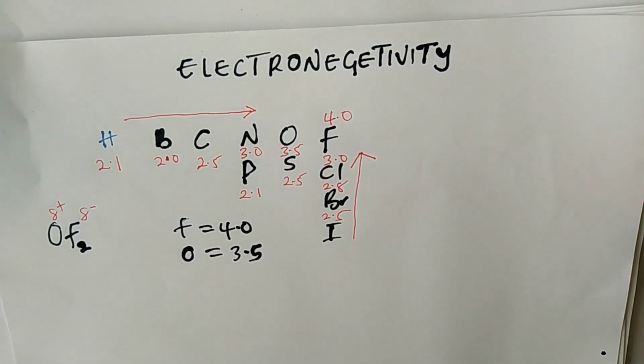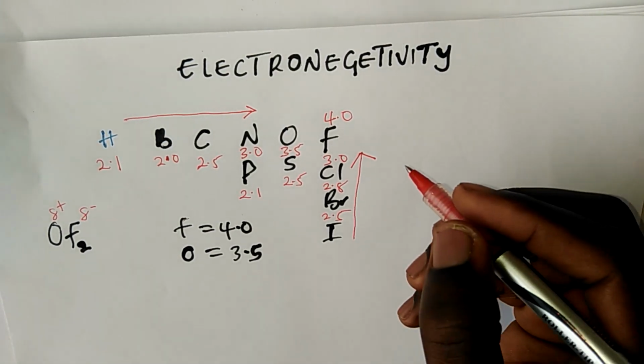Now what this means is that whatever element has the highest electronegativity in a particular compound, that element is the one that carries the negative charge, while the other element will carry a positive charge. We know that fluorine usually is -1 when you are writing oxidation number.